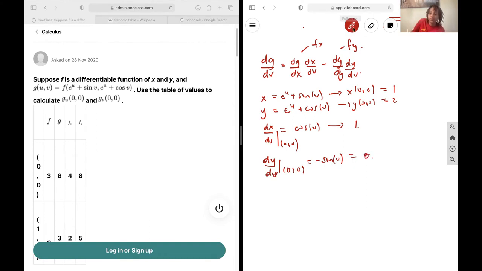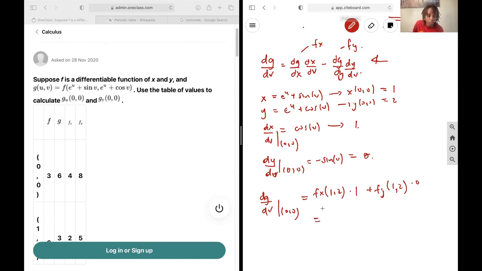Now when we put that all together in this formula, we will have dg over dv evaluated at (0, 0) equal to fx evaluated at (1, 2) multiplied by dx over dv at that point, which we know is 1, plus the derivative with respect to y evaluated at (1, 2) multiplied by 0.